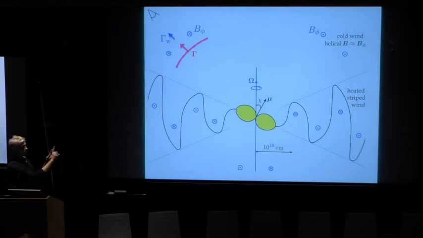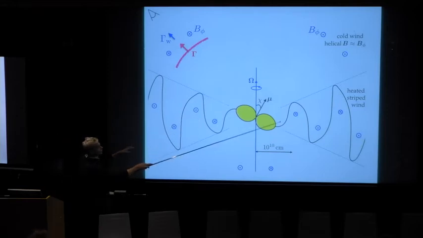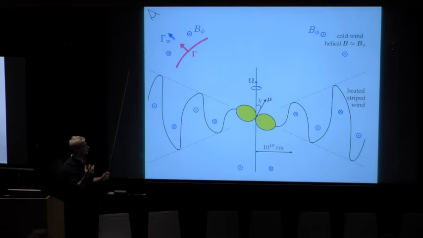You have a rotator, a magnetic dipole moment mu, rotating with angular velocity omega with some misalignment. It produces a striped wind, which flows away near the equatorial plane. And then you have this helical cold wind. Cold is opposite to hot here because the striped wind is thought to be dissipative and heated up, so the medium there is hot. Here, this wind is helical and it's cold.